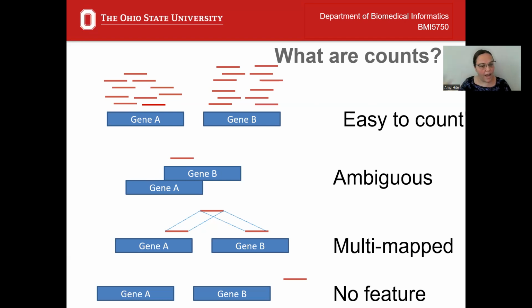Now, when I do these countings, I usually tell the program, if a read is multi-mapped, mapped to different locations in the genome, assign it to the one place where it has the highest quality of mapping. And this is called the primary alignment. And that's what I ask the program that does the counting to use. That way I can rescue some of these reads.